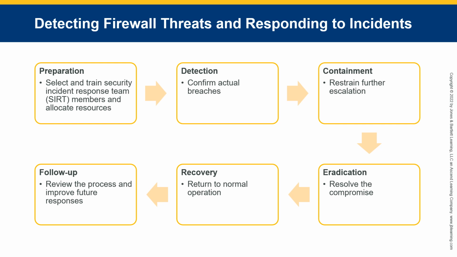During containment, you can either rebuild those systems, which eradicates it, or use specialized software designed to remove it. Then you bring it back to normal and reintroduce it. And then you follow up on the process to help improve future responses.